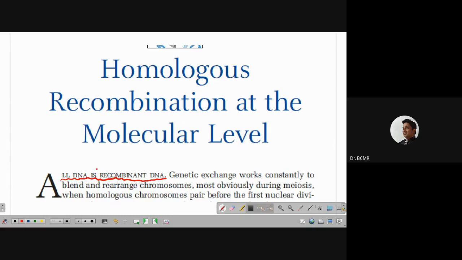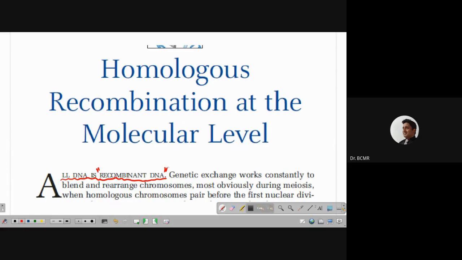You will encounter this phrase in different spheres of your learning, where recombinant DNA technology and so on. There, when we willfully recombine DNA, we call it recombinant DNA technology. But in nature, recombination happens all the time.